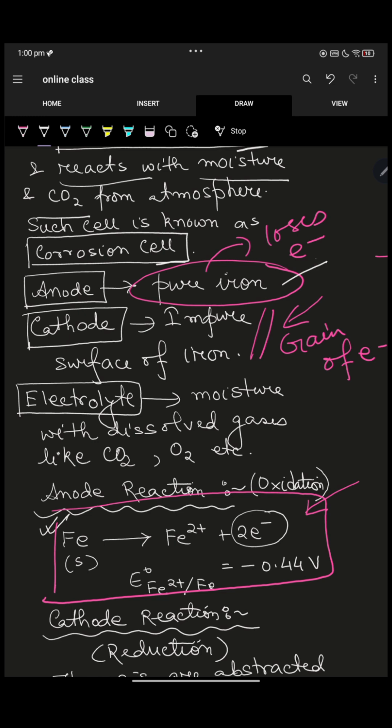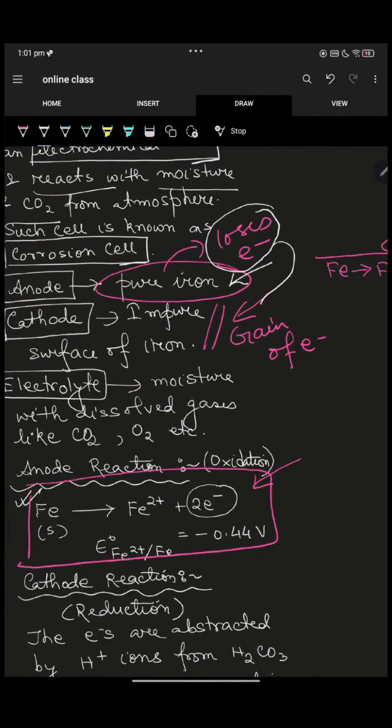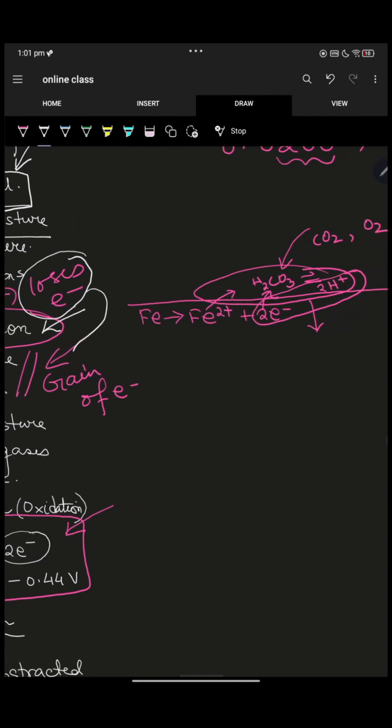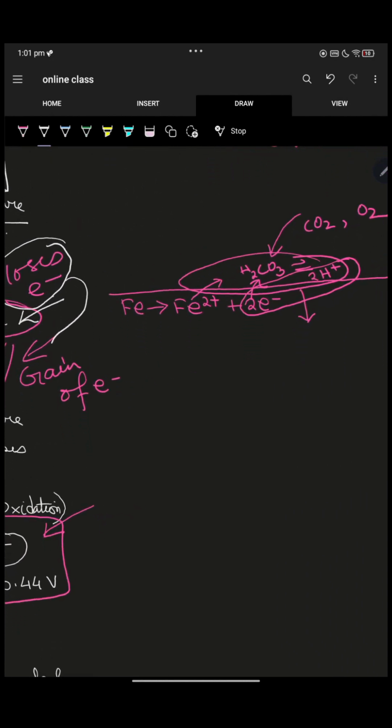The iron which is still pure, which did not undergo rusting, is acting as the anode, and it loses electrons and gets oxidized. These electrons are gained by the impure surface of iron, which acts as the cathode, and there occurs a gain of electrons. This is how this is taking place.